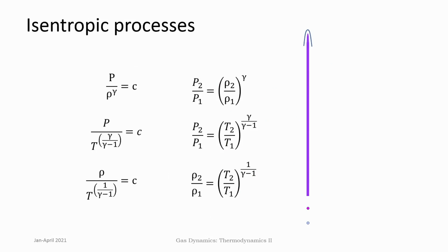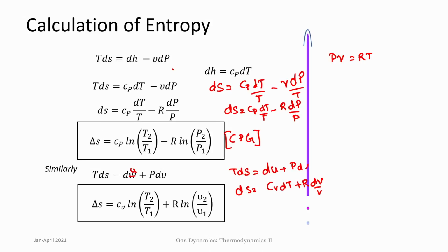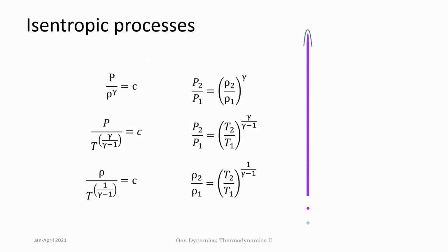An important kind of process is the isentropic process. These are processes when the change in entropy is 0, and you can see directly that if you put delta S equal to 0 and solve for the temperature ratios and pressure ratios, you can get these numbers.